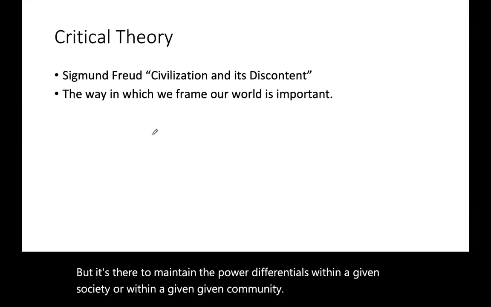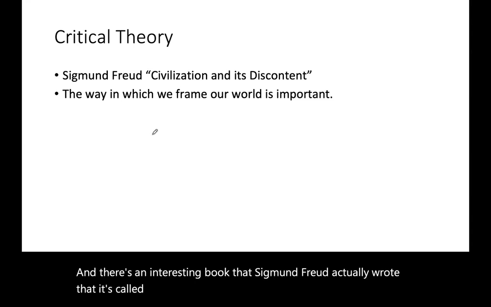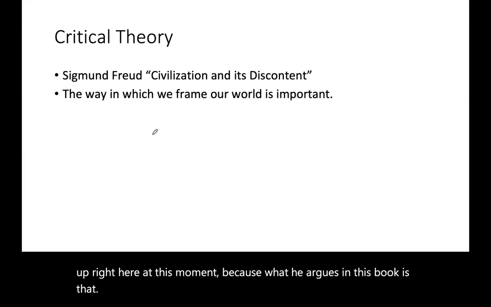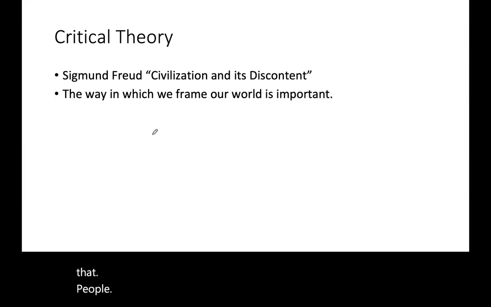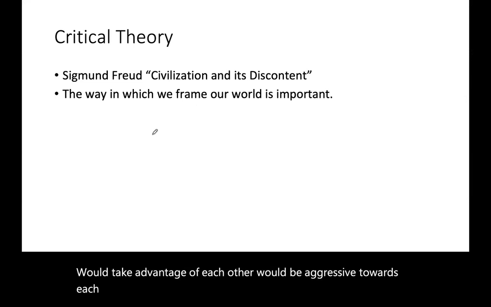And there's an interesting book that Sigmund Freud actually wrote called Civilization and Its Discontents. I just want to bring this up right here at this moment, because what he argues in this book is that people in our natural state, in our natural being, would take advantage of each other, would be aggressive towards each other.